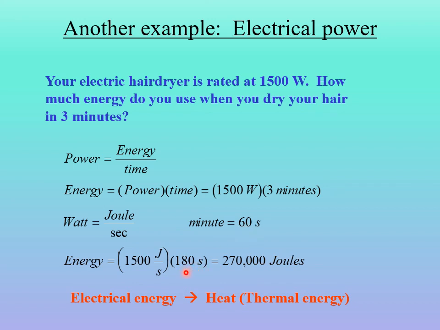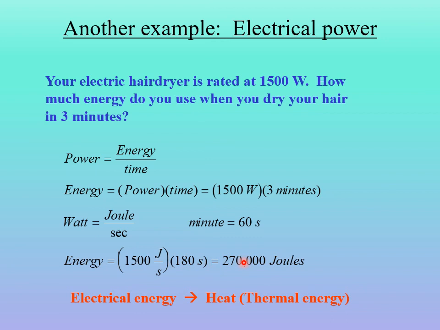That's 180 seconds. So our answer is 1,500 times 180. And this is, surprisingly, a lot of energy. It's 270,000 joules just to dry your hair in 3 minutes. Notice here again, the seconds canceled, and we're left with just the joules.